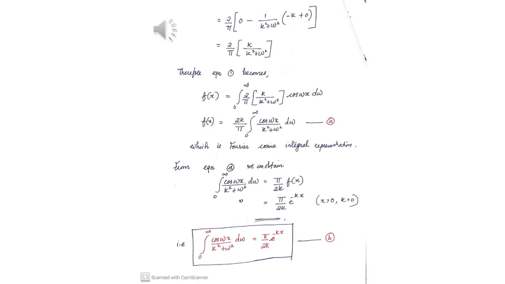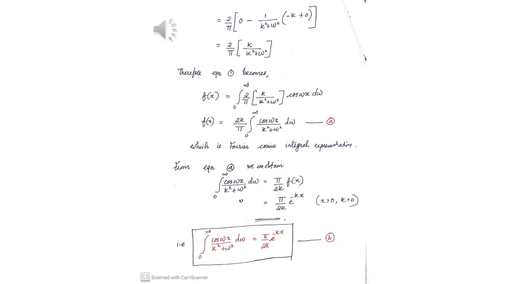Now here a of omega, after giving the limit, the final answer you will get is 2 by pi into k by k square plus omega square. Now substitute this a omega in equation number 1. Then you will get f of x is equal to integral 0 to infinity 2 by pi k divided by k square plus omega square, the whole into cos omega x d omega.